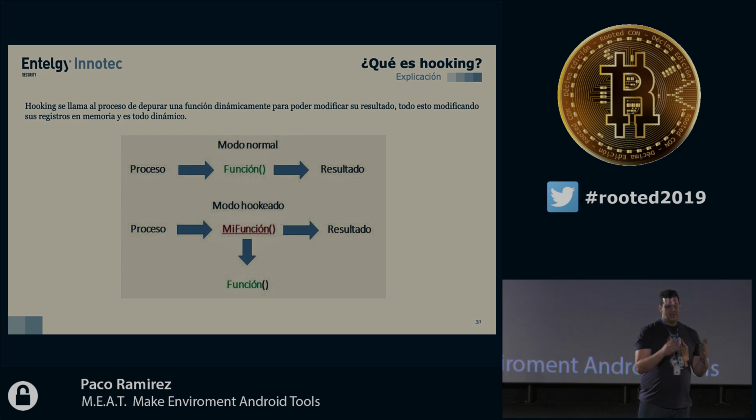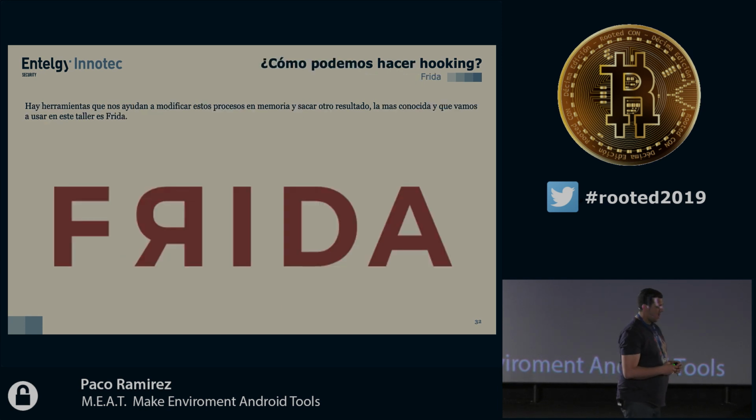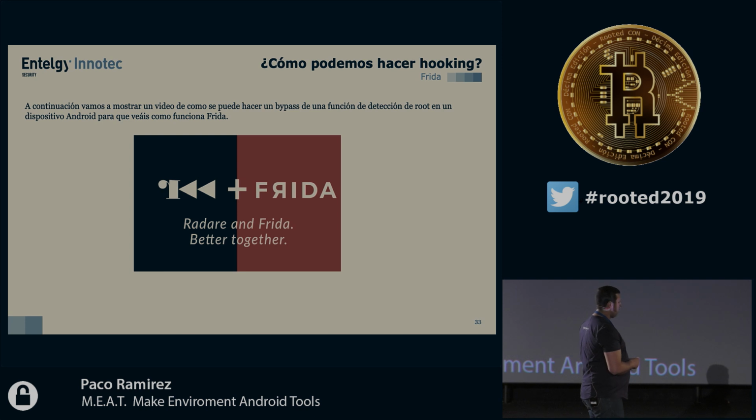So with this hooking tool, I can cling to the process, modify the function I'm interested in, and change its results. To do that, we have a widely spread tool called FRIDA, which allows us to enter a process and modify it to obtain another result.